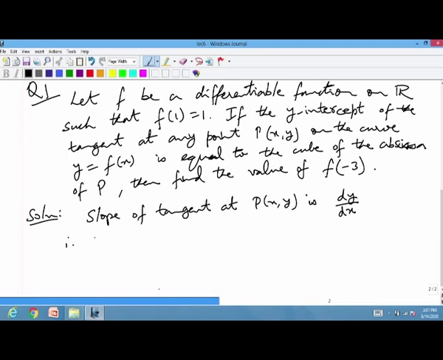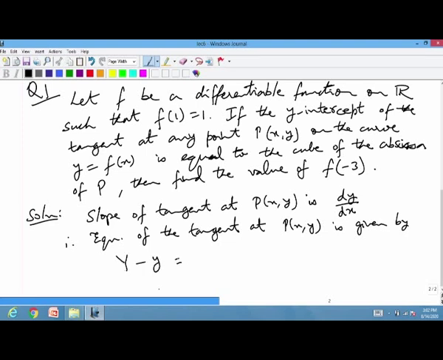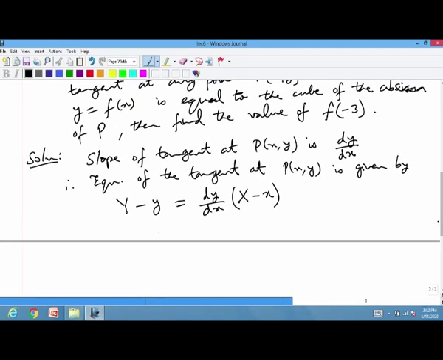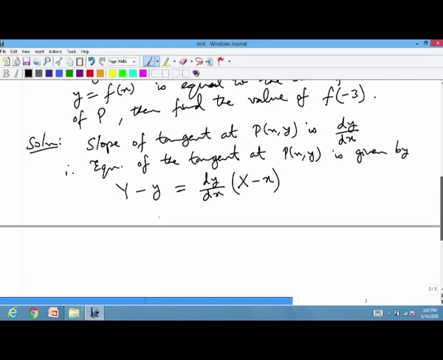Therefore, the equation of the tangent at P(x, y) is given by Y minus small y equal to the slope dy dx times capital X minus x. Here, because the point is given as small x comma y, we have used capital X and capital Y to write the equation of the line.